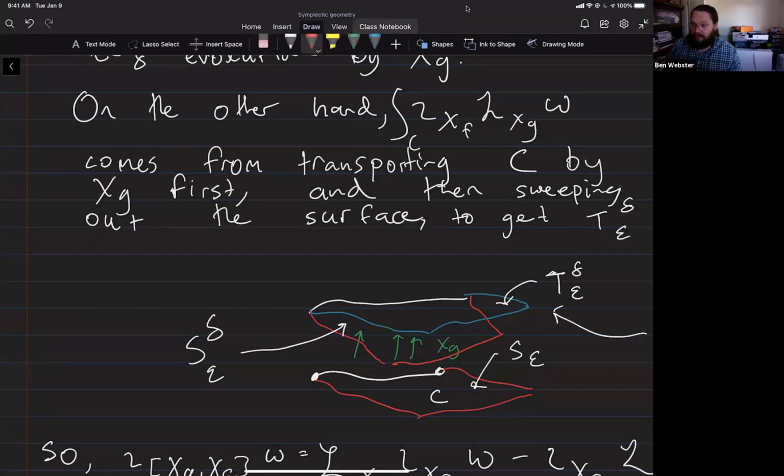Those will be the different surfaces, because flowing with respect to xg and then xf is different from flowing with respect to xf and then xg. And there's an operation in differential geometry which exactly measures the difference between doing those two things.